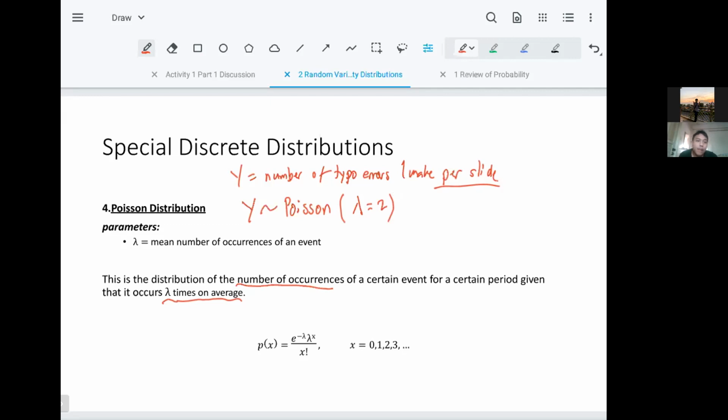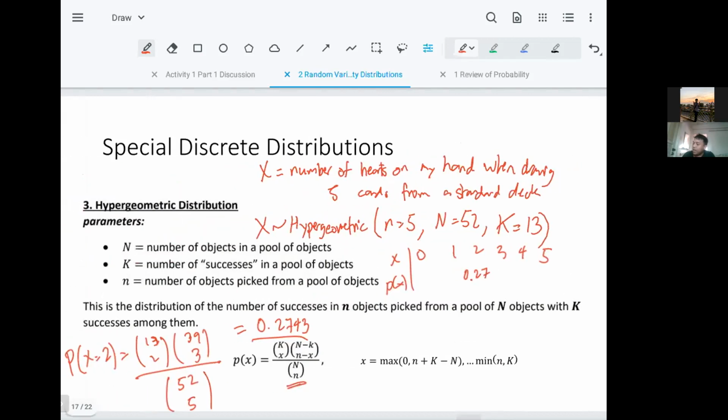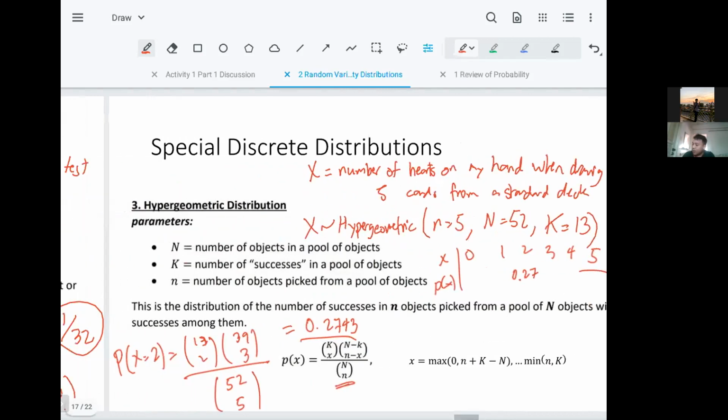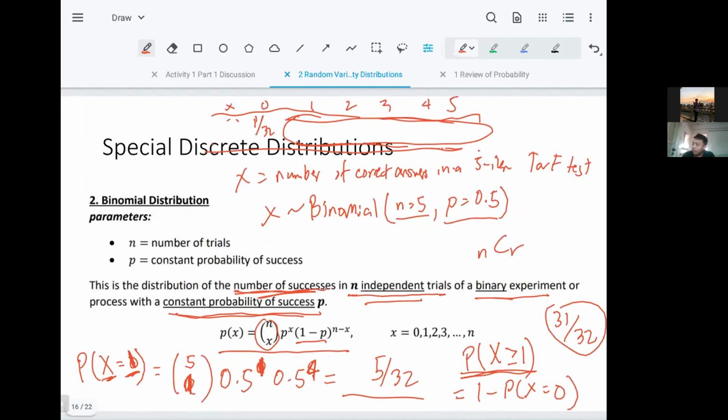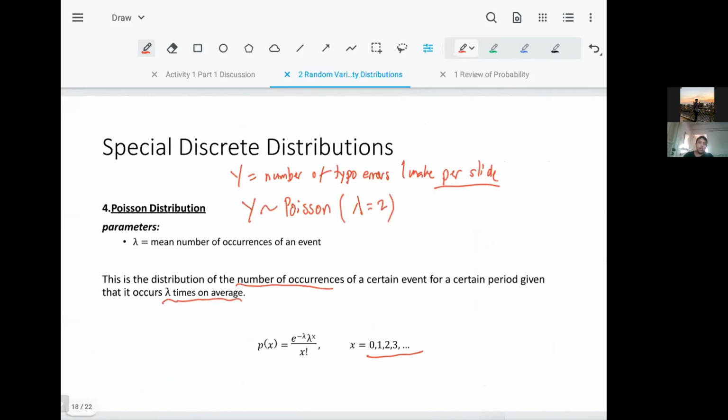I'll make 1 mistake. I'll make 10 mistakes. So each corresponding outcome has a chance. Actually, there's no limit on the number of mistakes I'll make. Hindi katulad ni hypergeometric, hanggang 5 ka lang kanina. Hindi katulad ni binomial, hanggang 5 ka lang kasi 5 yung questions. This time, walang limit yung number of mistakes ko.